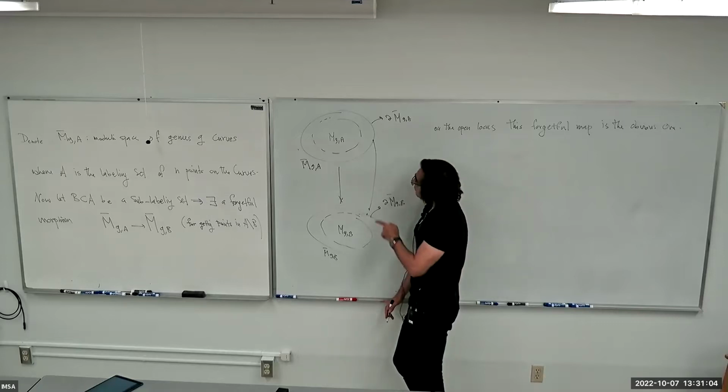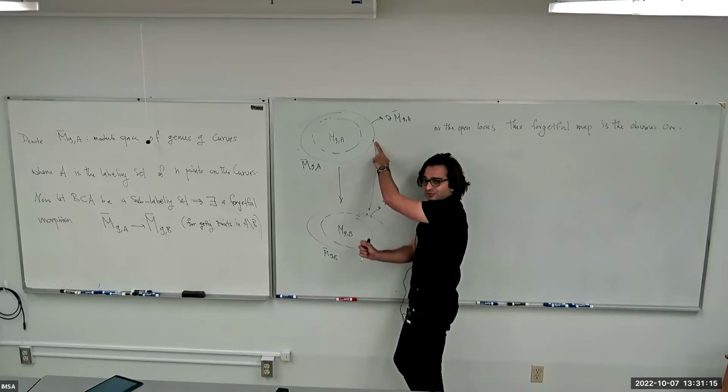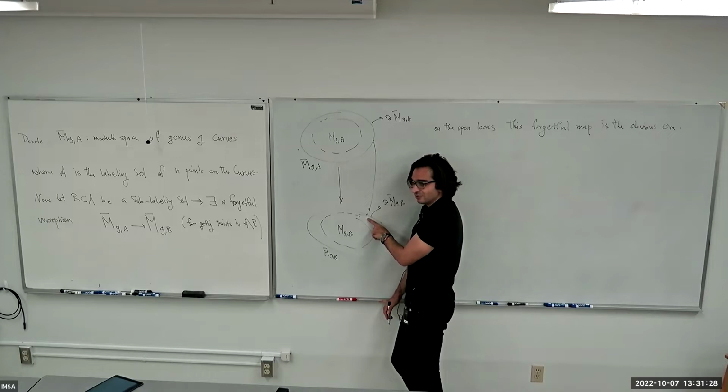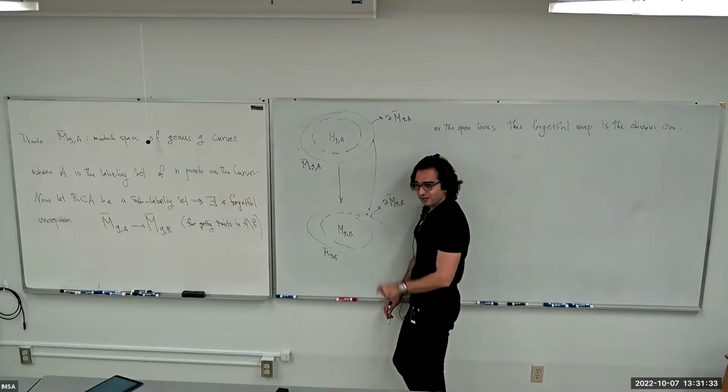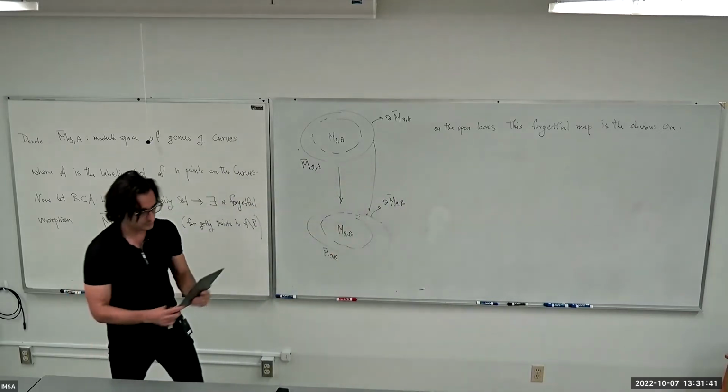So those pieces of the curves in here, which become unstable after removing a point or forgetting a bunch of them, collapse and just go away when you land on here. Otherwise, you will not land on a stable curve in here. So if you have a stable curve in here, this map is only well defined if you land on a stable curve in here. So all the unstable components of the stable curve in here will go away. So this forgetful map not only forgets the nodes, but also forgets the unstable components. So they collapse.